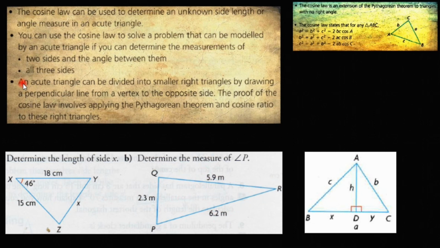An acute triangle can be divided into smaller right triangles by drawing a perpendicular line from a vertex to the opposite side. The proof of the cosine law involves applying the Pythagorean theorem and the cosine ratio to the right triangles. So we use this method to prove the cosine law.